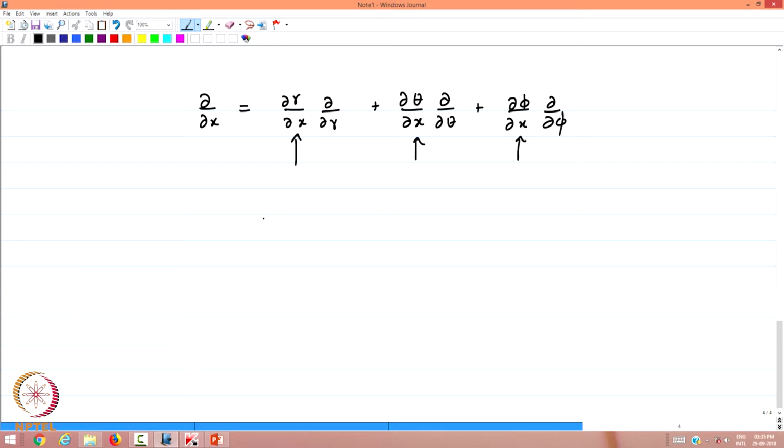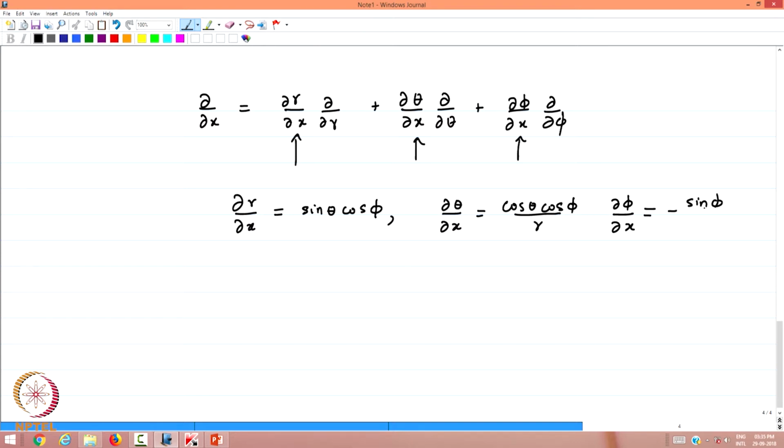The derivatives are dou r by dou x is simply sin theta cos phi, and dou theta by dou x is cos theta cos phi by r, and dou phi by dou x is minus sin phi by r sin theta.